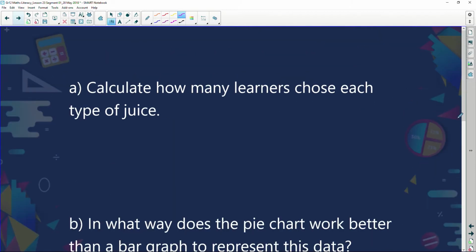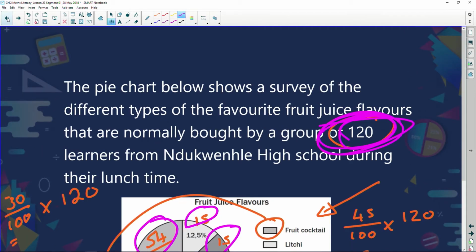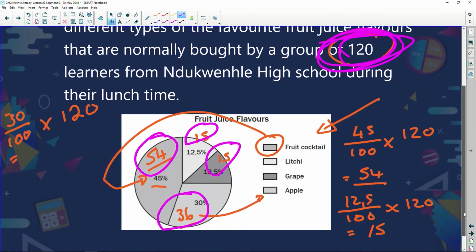The next question says, in what way does the pie chart work better than a bar graph to represent this data? So what is the advantage of a pie chart? Well, a pie chart tells us exactly what percentage of learners like the juice.